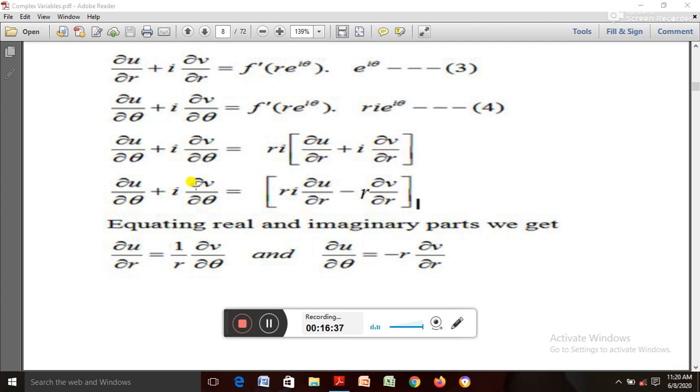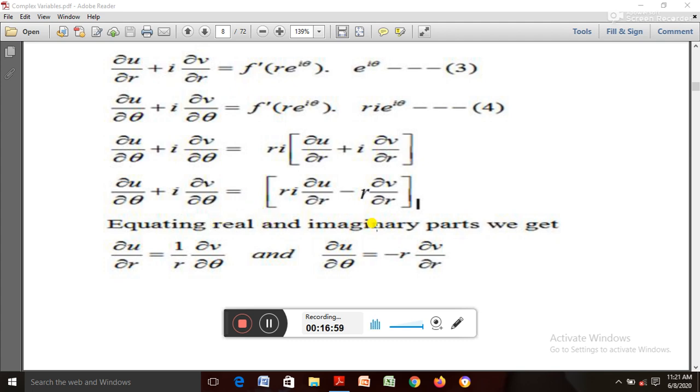Therefore, on simplification, we get ∂u/∂θ + i ∂v/∂θ equal to, multiplying ri inside, r i ∂u/∂r. If we multiply here, we get r into i squared, whose value is -1, so it is minus r ∂v/∂r.